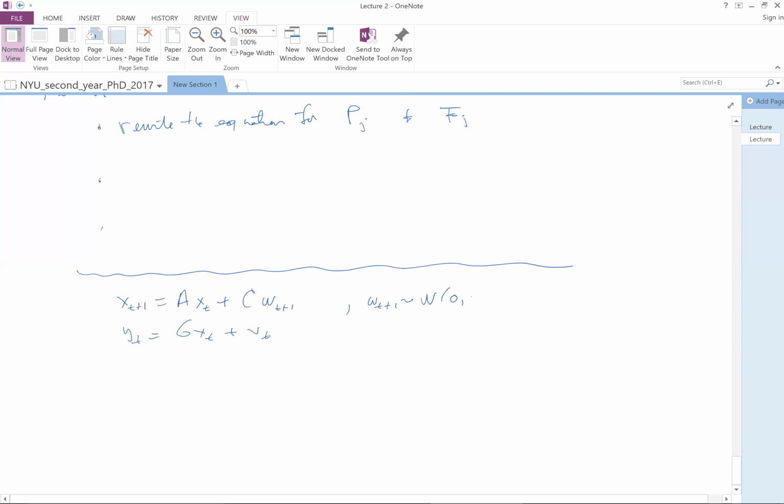This is normal 0, I. Vt is normal 0, R. That's a covariance matrix. This is a state. It's hidden. These are observed, the so-called observer equation. So this is an example of a linear Gaussian hidden Markov model.